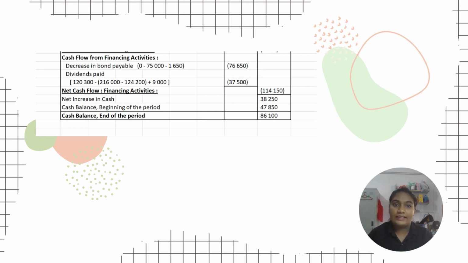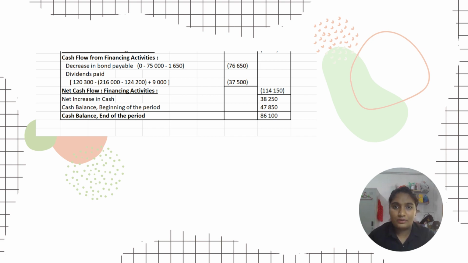The third and the final one, cash flow from the financing activities. First, decrease in bond payable. For the decrease in bond payable, we will get the information from the comparative statement of financial position, the changes in bond payable from the section of non-current liabilities.